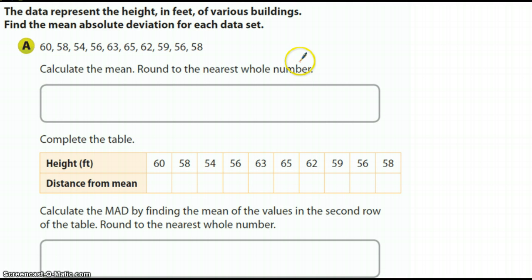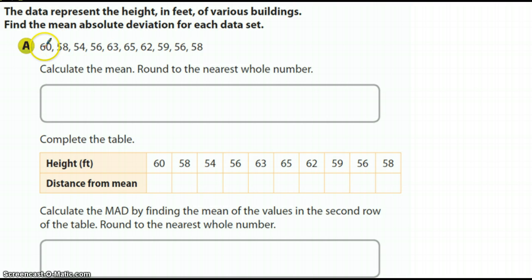Okay, so I have two problems that we're actually going to look at to practice. I want to do the first one for you if it's okay with you. Problem one is asking me to calculate the mean. So we know what mean means.